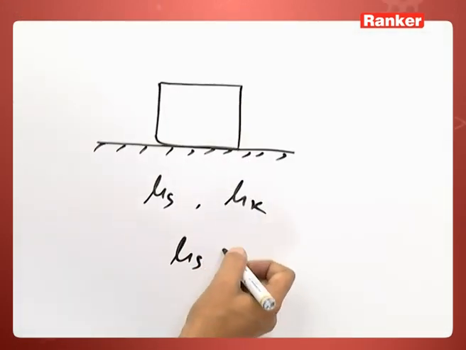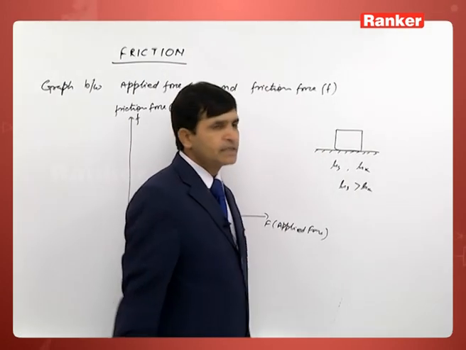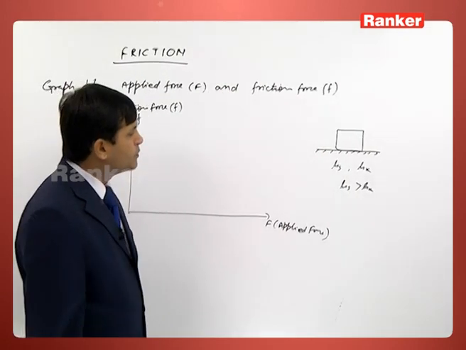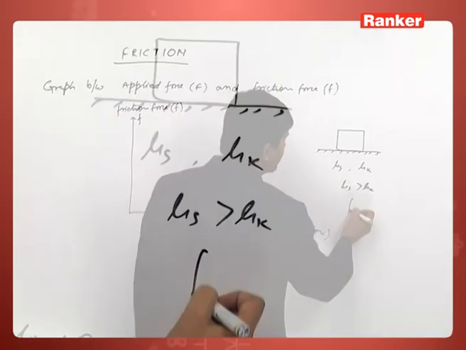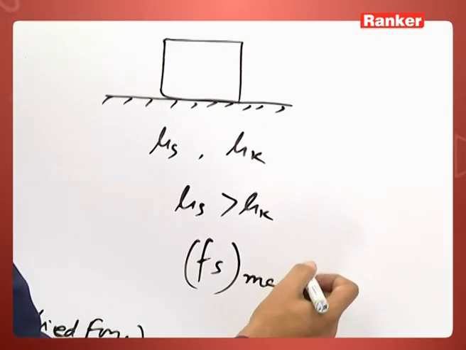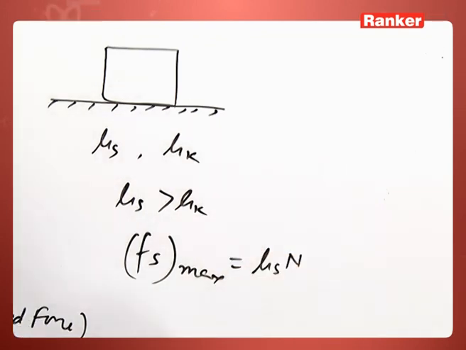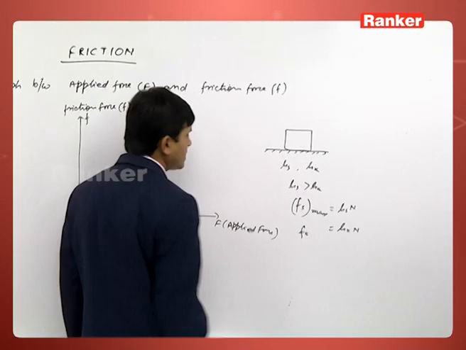As we have established, mu s is always greater than mu k, and Fs maximum is always equal to mu s into normal, while Fk kinetic is always mu k into normal.